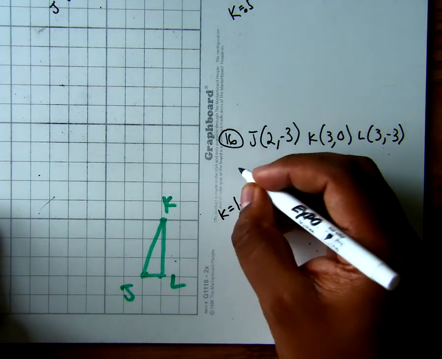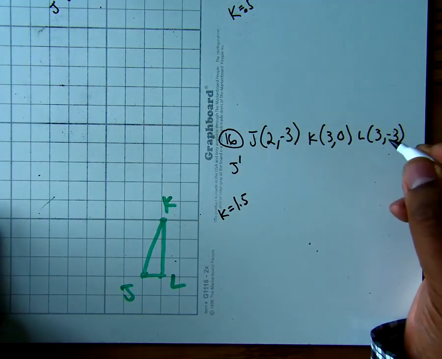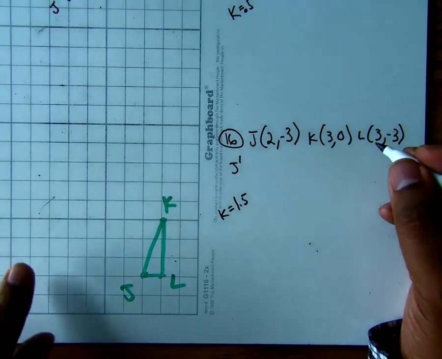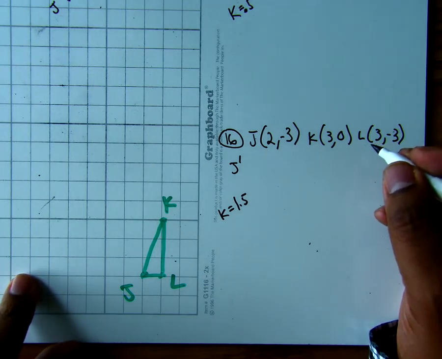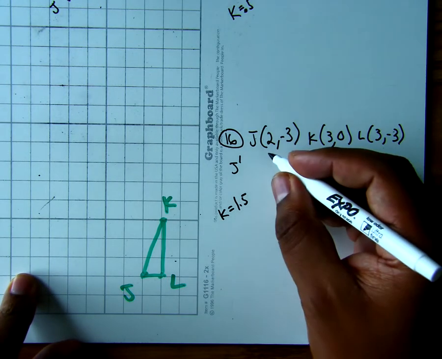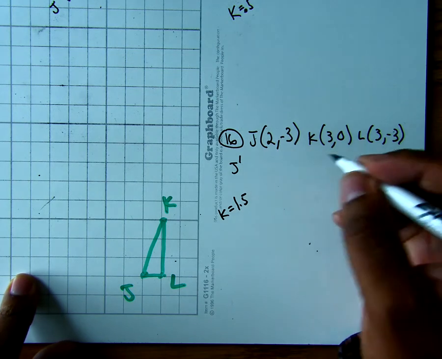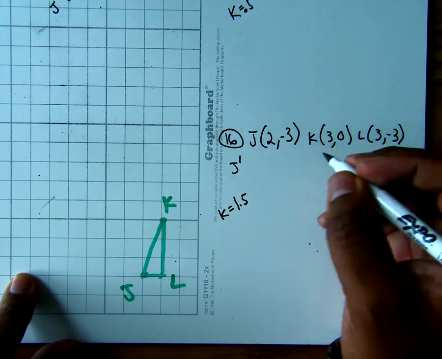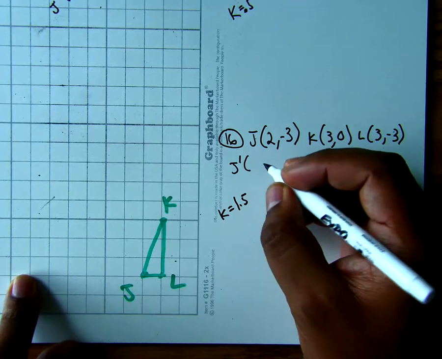Okay, so let's start with getting the image for J. When we multiply 1.5 times 2, that's going to get us 3.